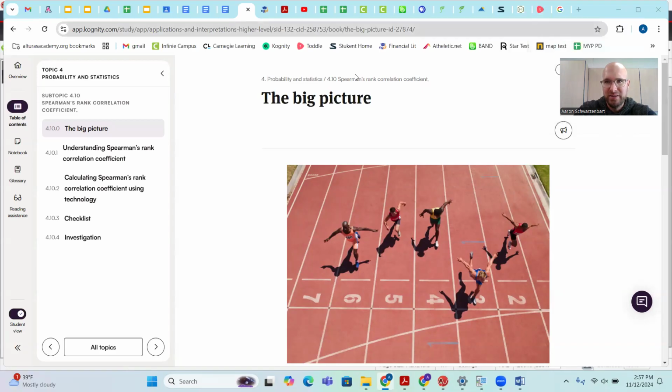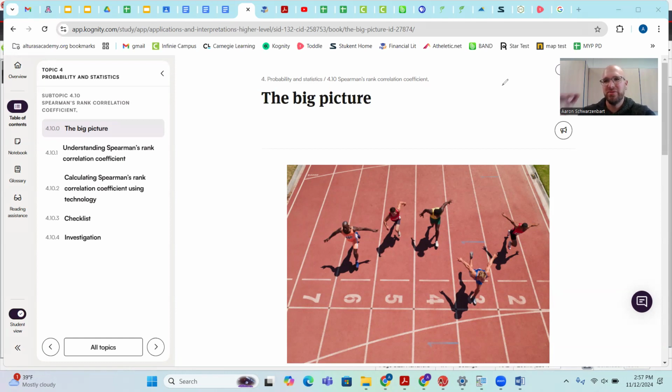Okay, this is Spearman's rank correlation. Correlation in general is sometimes known as Pearson correlation, but we've been talking about the correlation coefficient for years. The difference here is we are now talking about the correlation in rank, not the correlation in actual value.